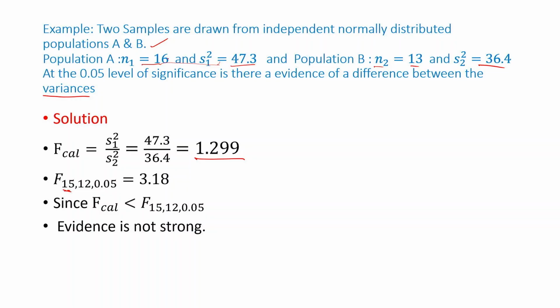Because 16 minus 1 makes it 15, then 13 minus 1 makes it 12, and level of significance 0.05. For that, the corresponding value is 3.18. Now this calculated value of F is much less than this. So the evidence is not really strong that there is a difference in the variances.